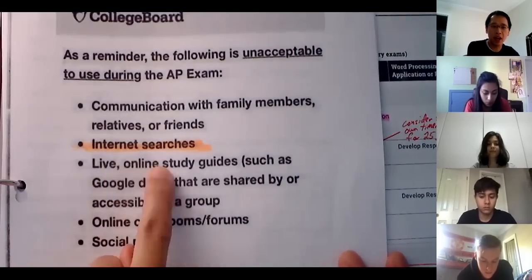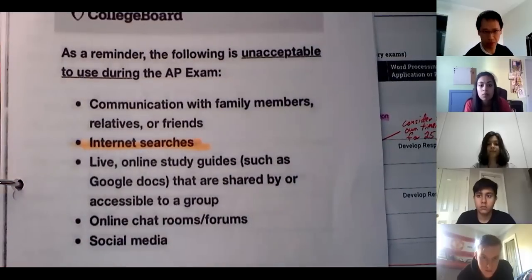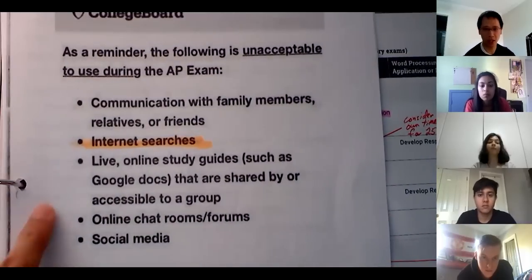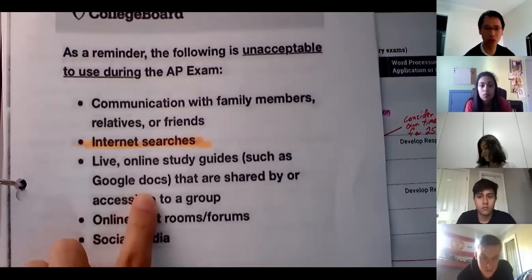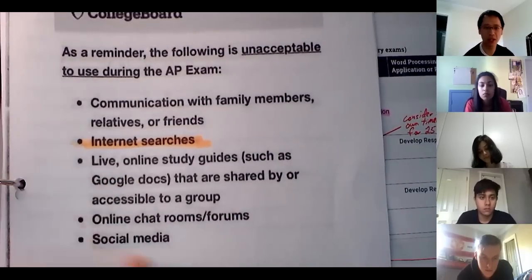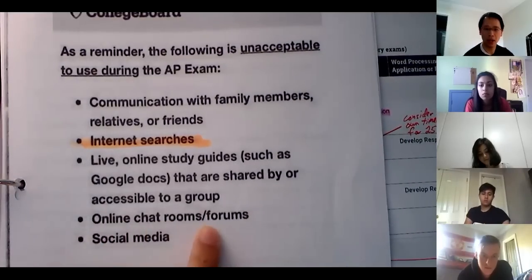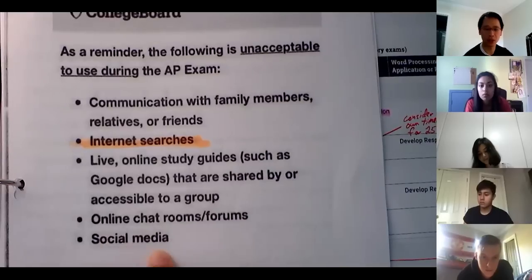Again, stay off internet searches, no communication with family members, relatives, friends. Google Docs, just make sure that's not being shared with anyone, that everything is downloaded on your laptop or on your device. No online chat forums during the test, no social media.